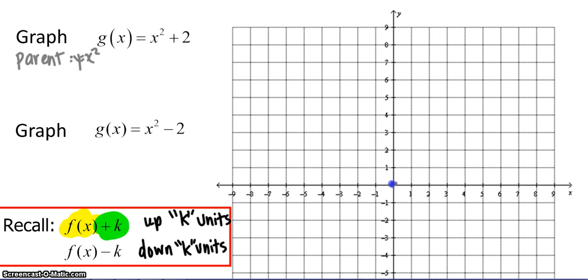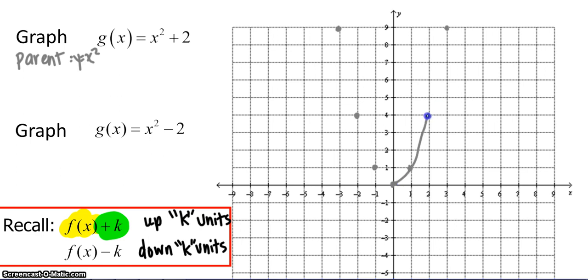You should be able to plot this function fairly quickly. And if you cannot do that, you want to go back to the last video. You want to look at the table that we created and plot those points and practice plotting those points very quickly.